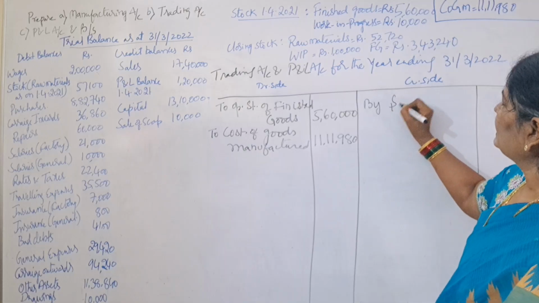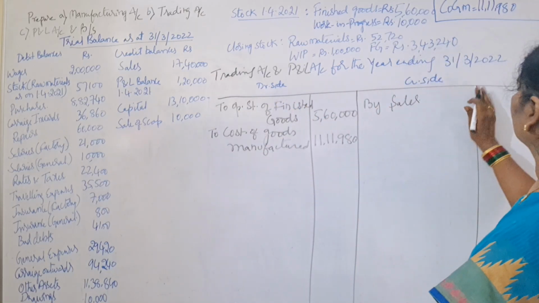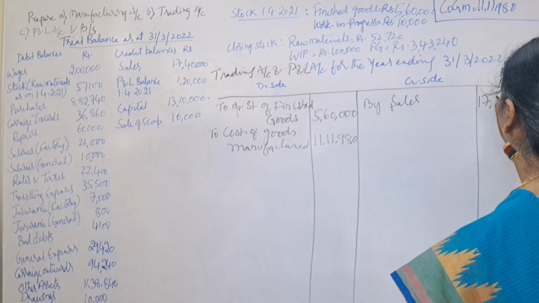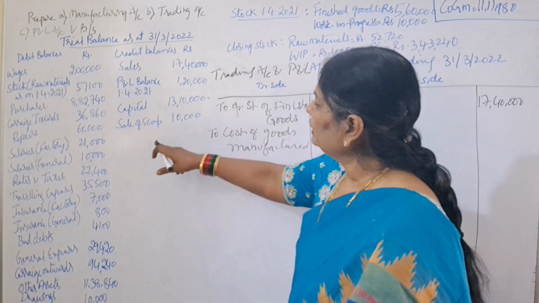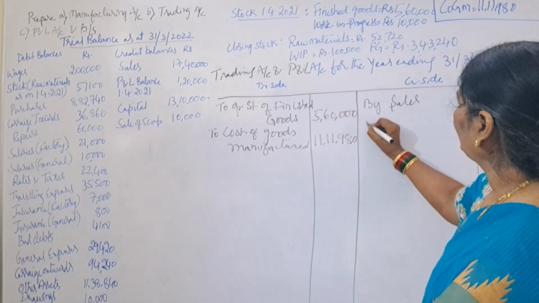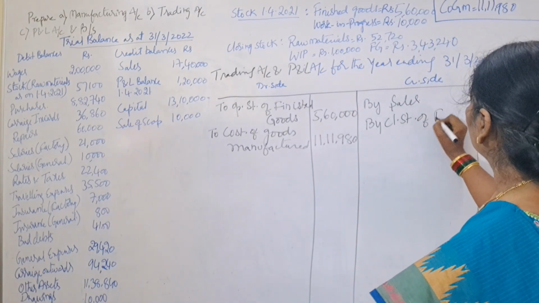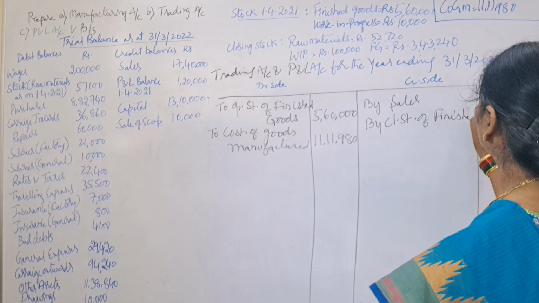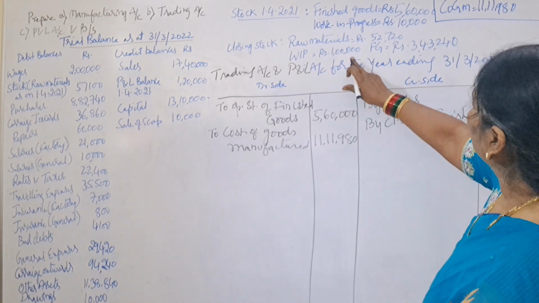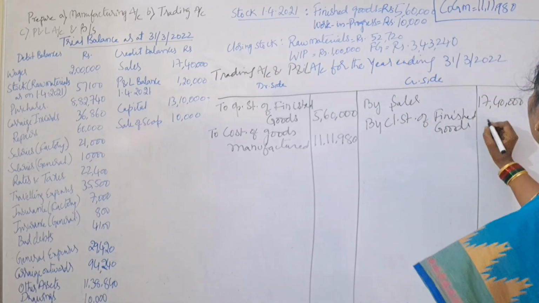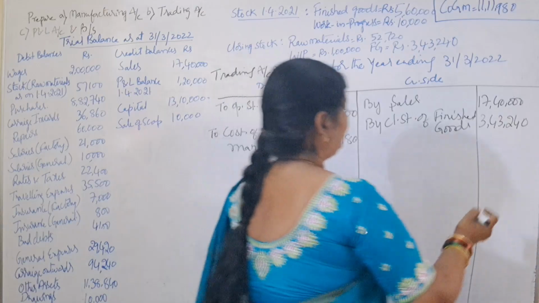By sales. What is our sales amount? 17 lakhs 40,000. Next we also take by closing stock of finished goods. What is our closing stock of finished goods? 3,43,240.